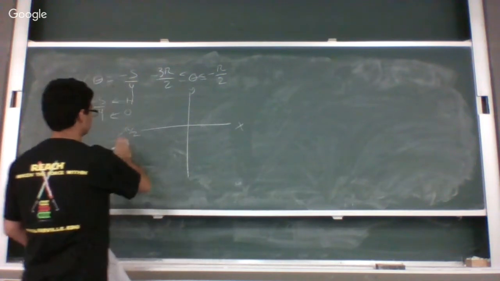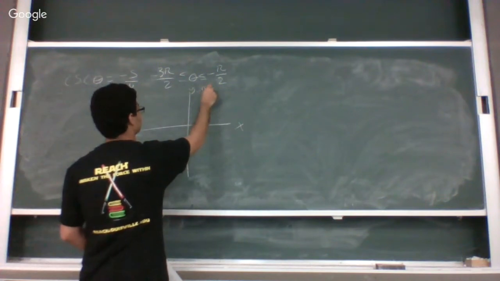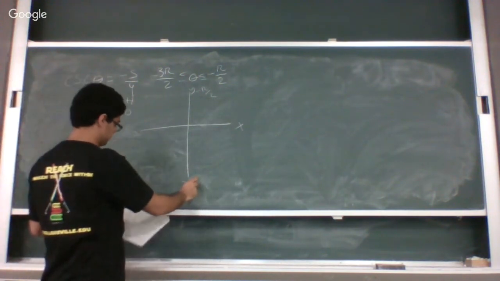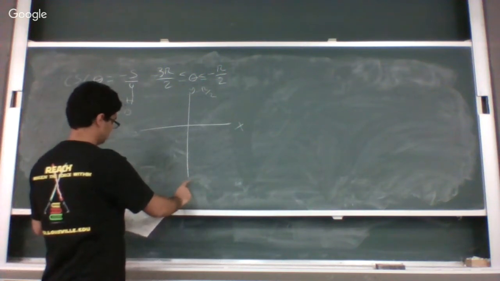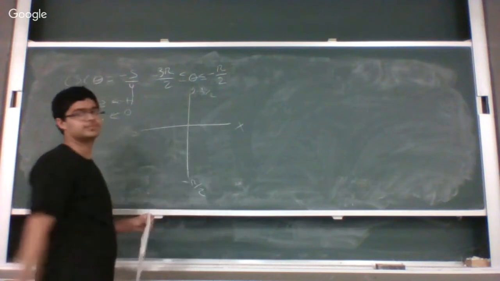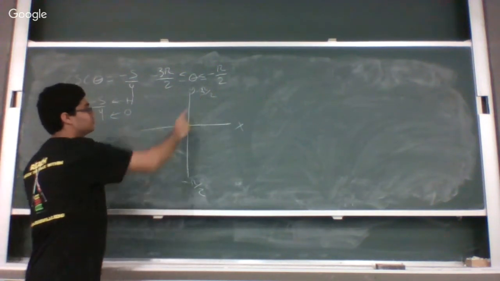That makes sense. There you go, -pi over 2 to -3 pi over 2.